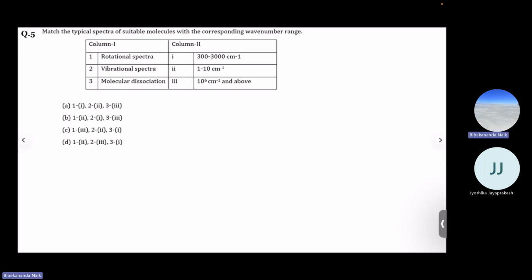So we need to match the two columns. Column 1 shows the type of the spectra, and column 2 shows the wave number corresponding to that spectra. I'll give you a few minutes, and then we'll discuss the correct combination.